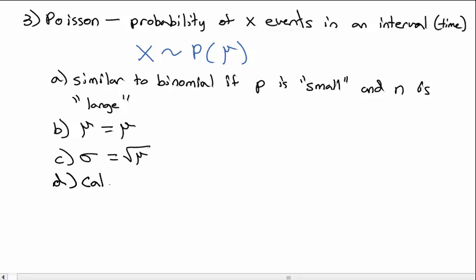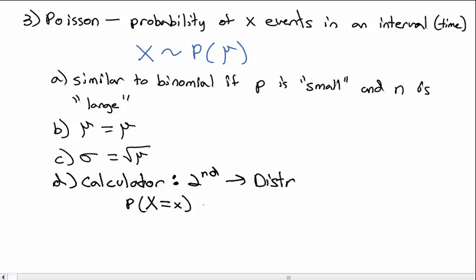And on the calculator, you might guess we're going to hit second, and then we're going to go to distribution. And again, there's a cumulative distribution function and a probability distribution function. If we want the probability that x is equal to some lowercase value x, we're going to use the Poisson probability density function.